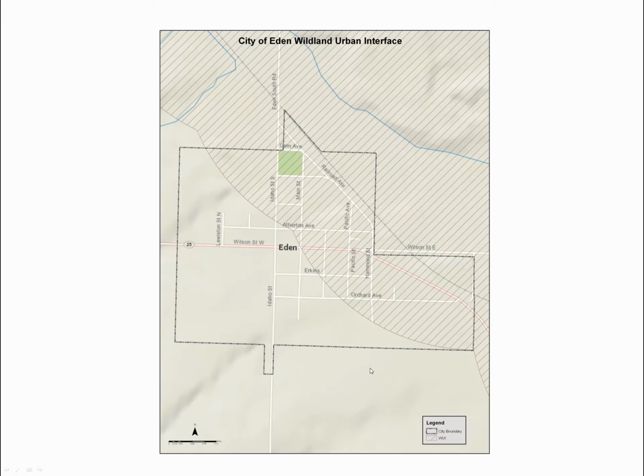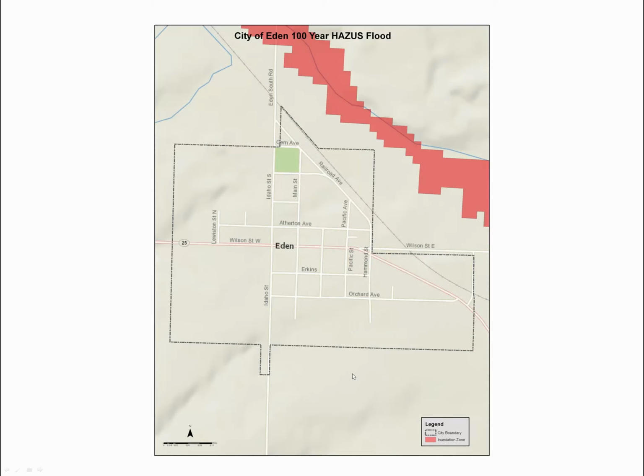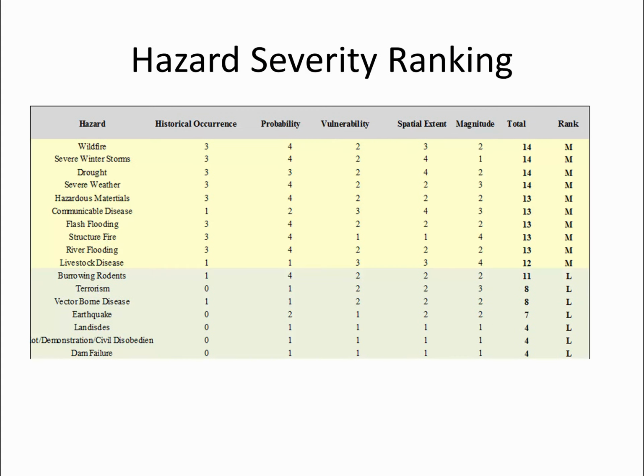Note that that is 1 mile from public lands to the community boundary. Eden does have a small floodplain, again to the north and east of the city, as illustrated here. Flooding, however, in the city has not been a recorded issue.